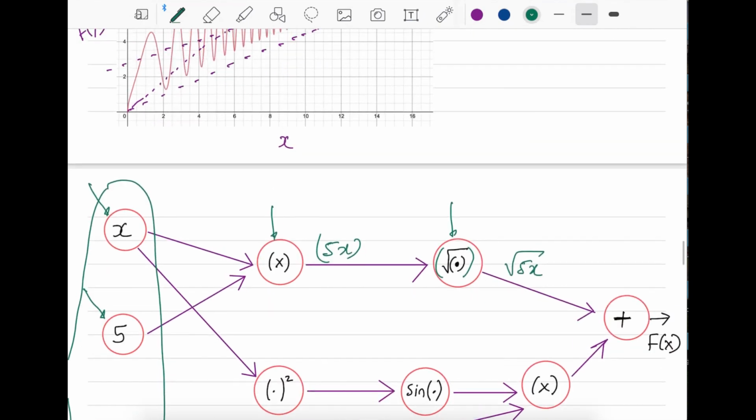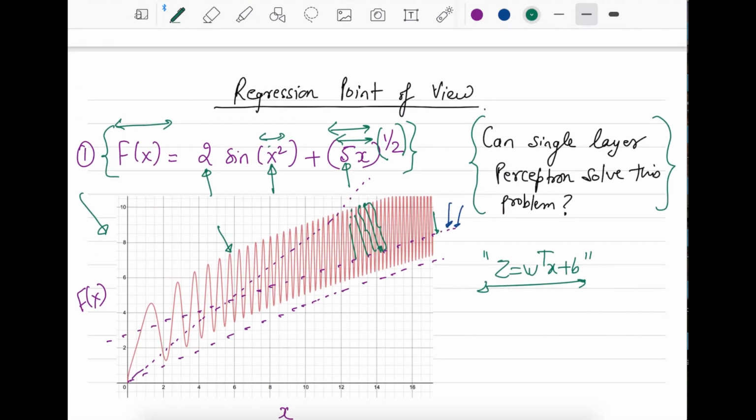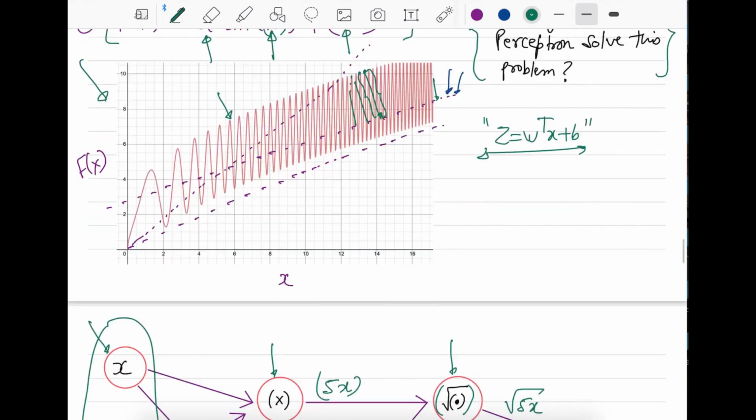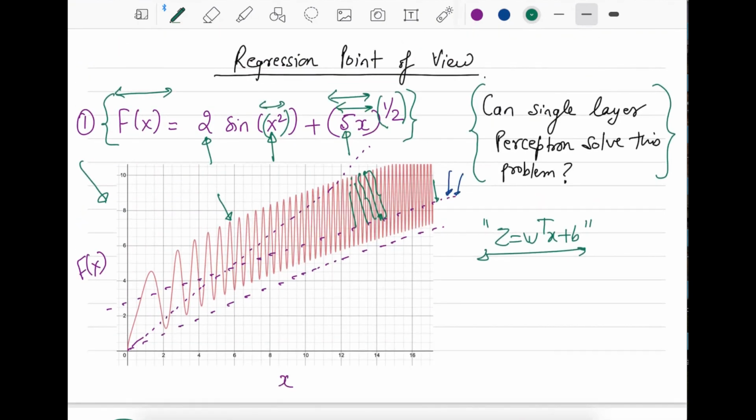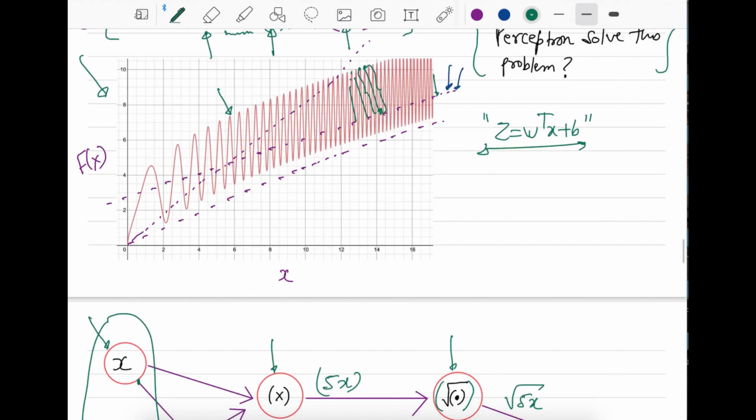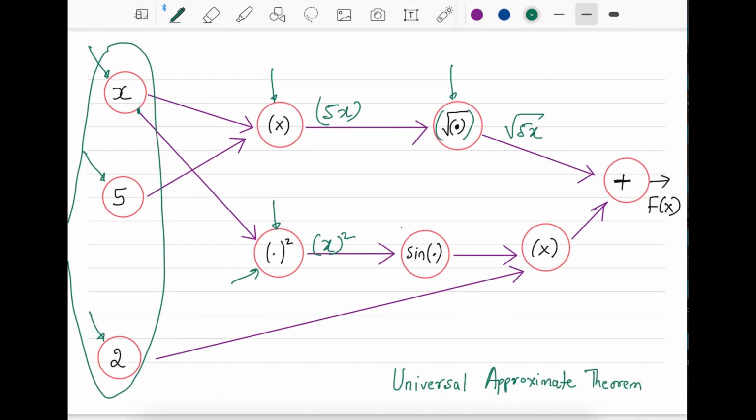In the second case, what we want is x squared. So I am passing this input into this node which implements a square function. So we get x squared here, and then it is operated on by the sine function. So you will get sine of x squared, and this sine of x squared will again be multiplied by 2.